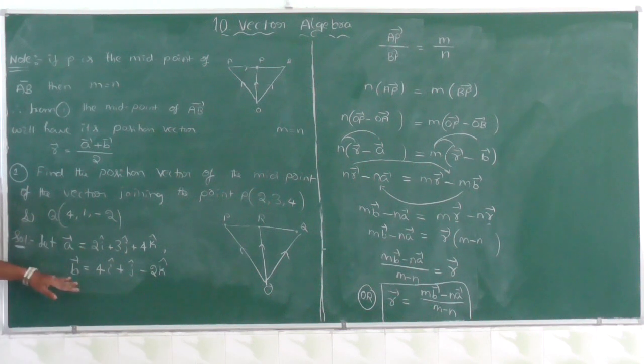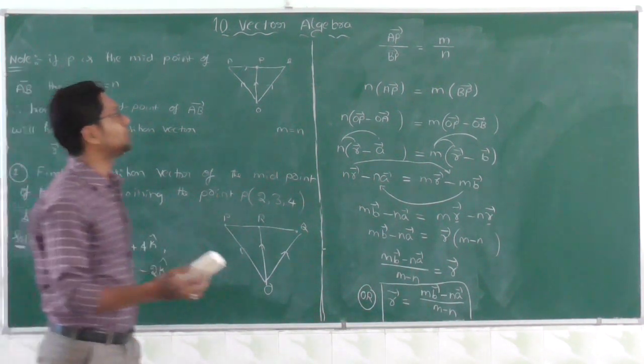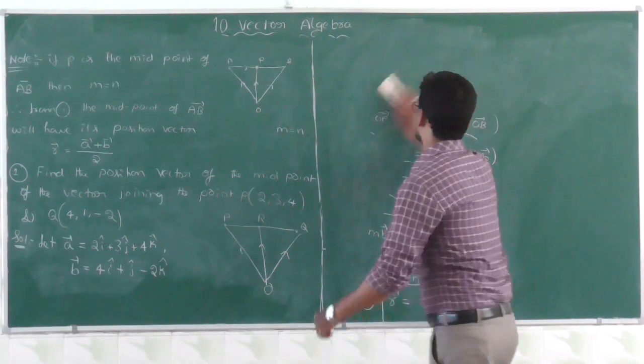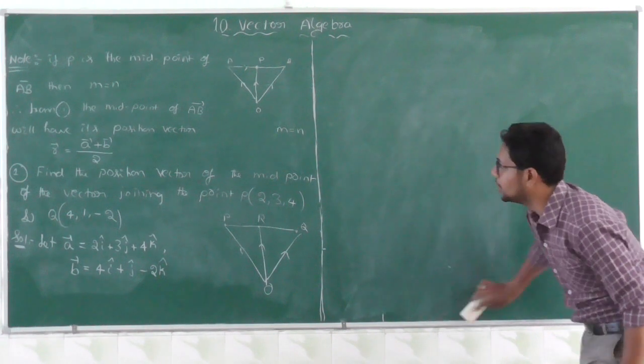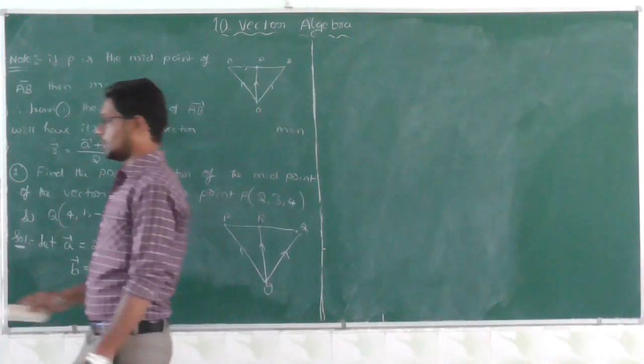Okay, A vector we have and B vector we have. We just apply this formula and we will get the required position vector of the midpoint of PQ.